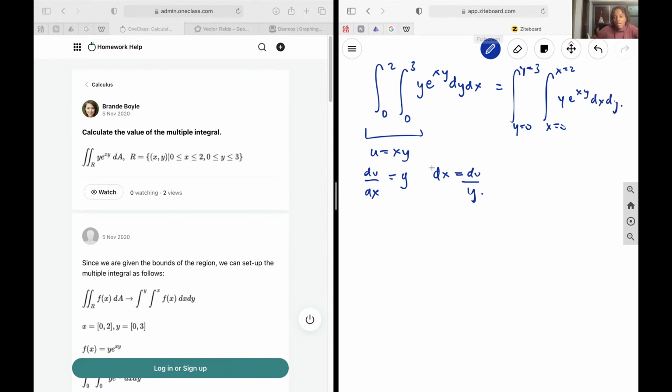Now when you put everything in, you'll get the integral from 0 to 3, 0 to 2, y e to the u, du over y, and then multiply by dy. These two obviously cancel each other out. This will become the integral from 0 to 3. When x was 0, u was 0, and when x was 2, u was 2y.